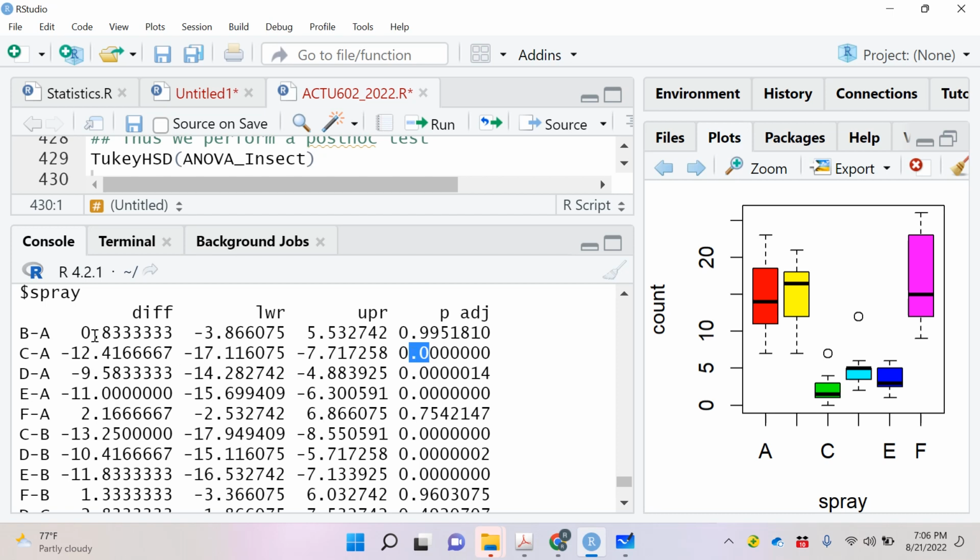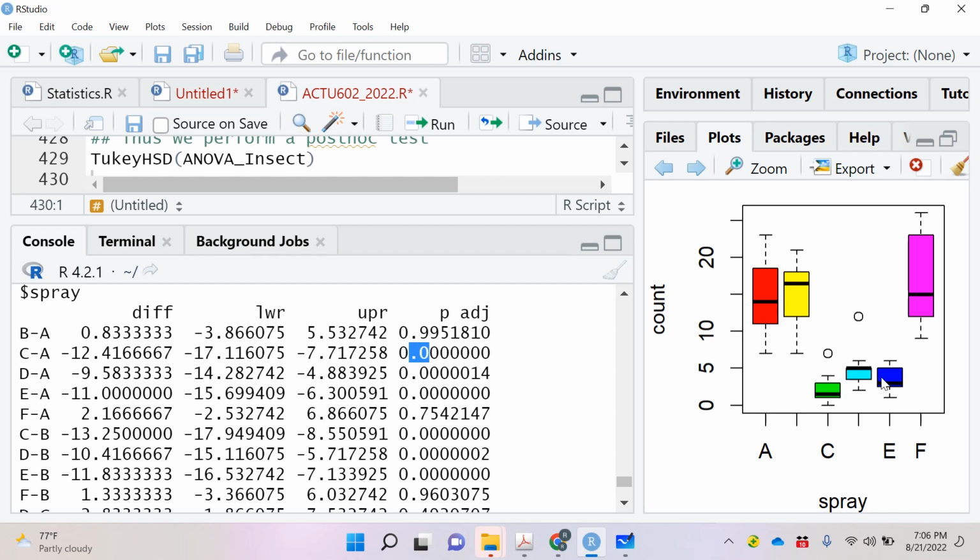So this one, we can rule C out. If you look at A and D, similarly the same. We can rule D out. A and E, we can rule E out. So in other words, I am ruling all these out because they are quite significantly different from A, and A is higher.